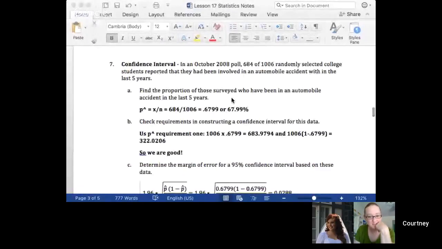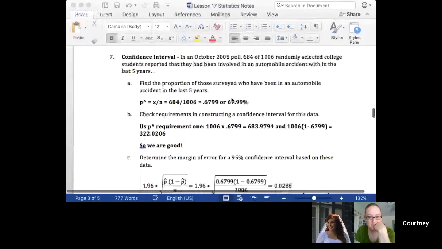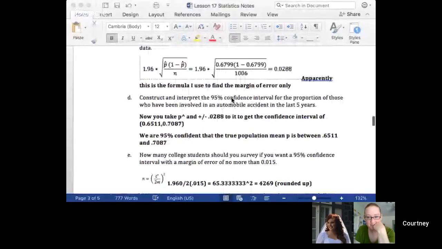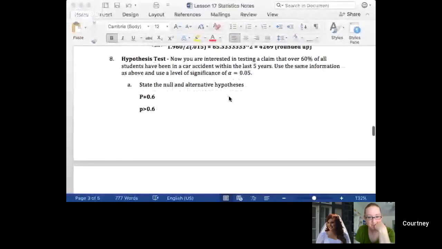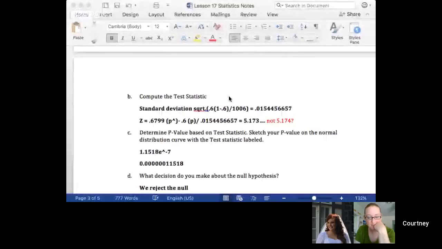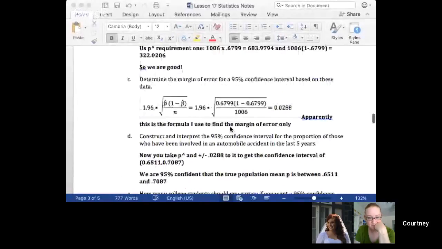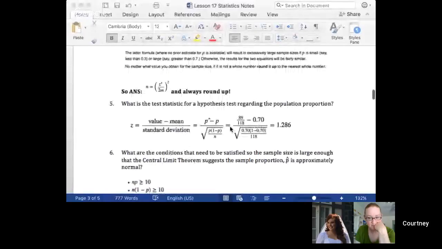For the water quality study in the reading, about 60% of the microinvertebrate water quality indicators have historically been associated with good health. The researchers suspect that water quality in the area has decreased. They conduct a hypothesis test using significance level alpha equals 0.05 with the following hypotheses. They collect new data, and this time n equals 80 and x equals 38 indicate good health.